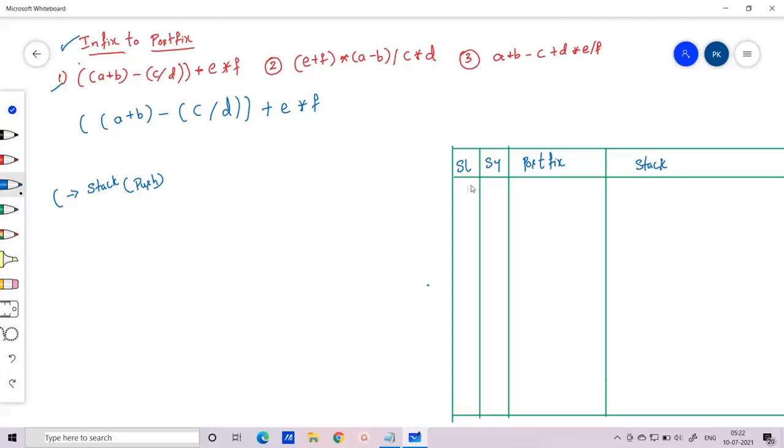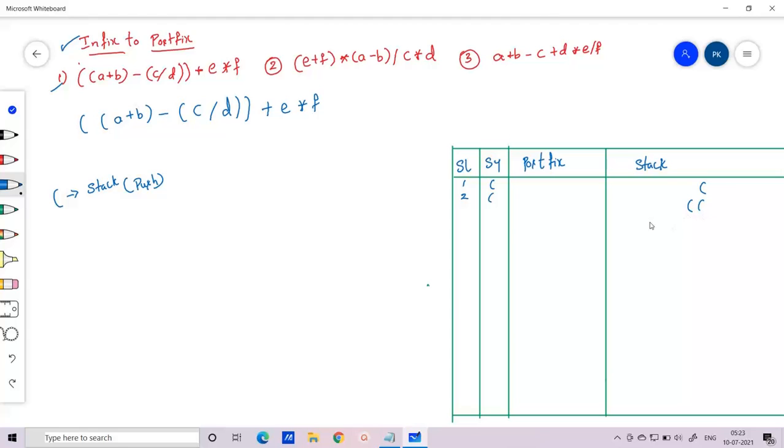Now the first character we got is an opening bracket, so add that onto the stack. Next, the second character is also an opening bracket, so that is also added into the stack. So in the stack I'm going to have two opening brackets.